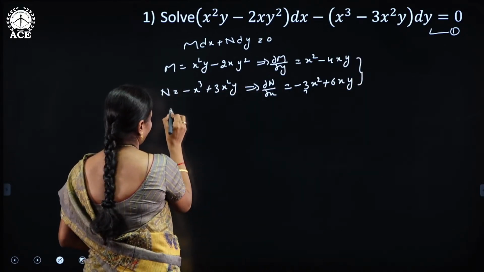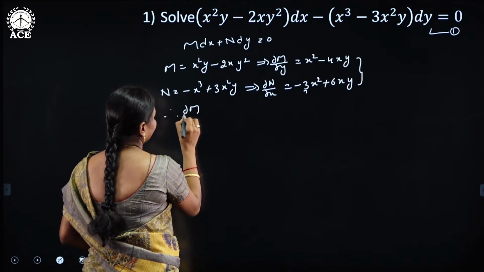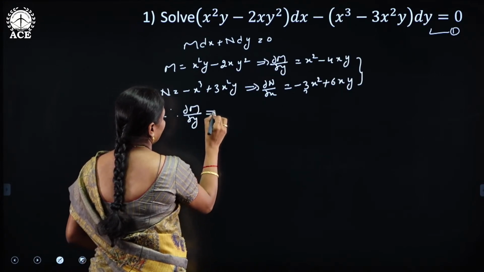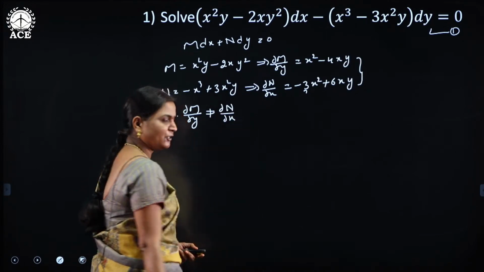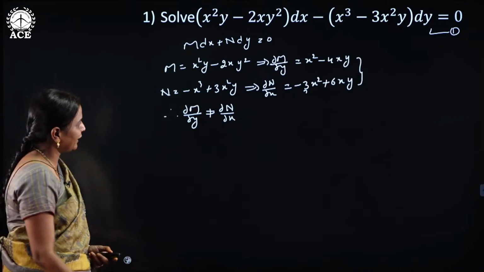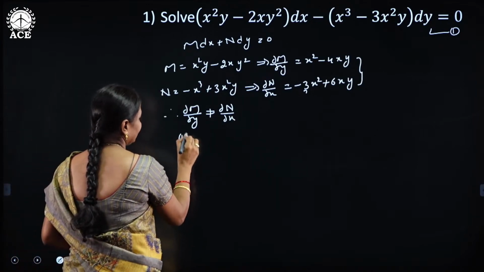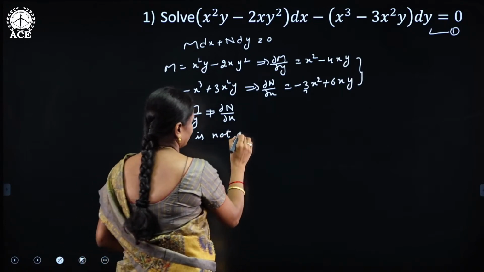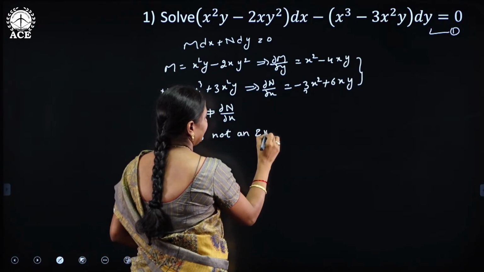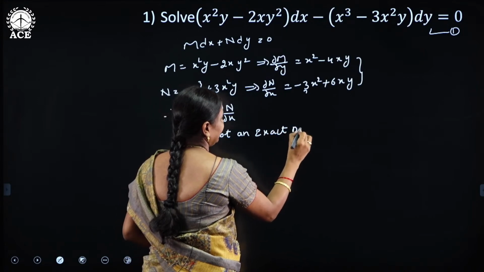Therefore, dou M by dou y is not equal to dou N by dou x. When dou M by dou y is not equal to dou N by dou x, then equation 1 is not an exact differential equation.